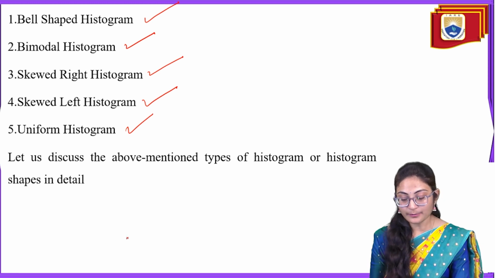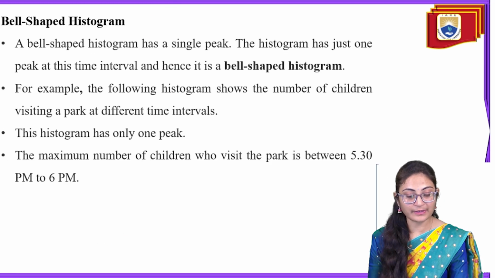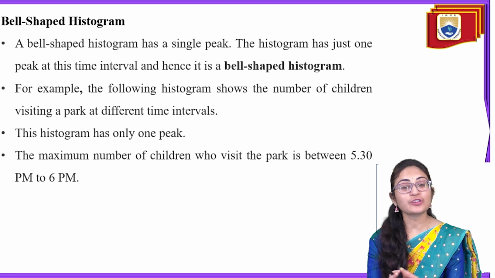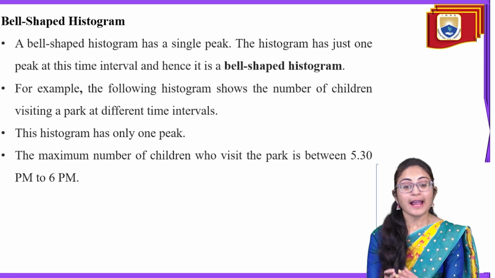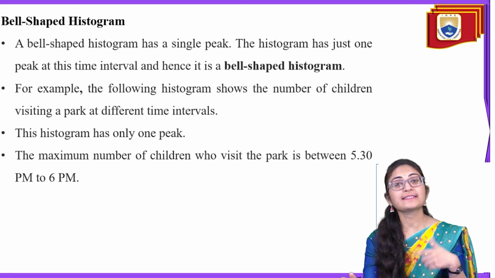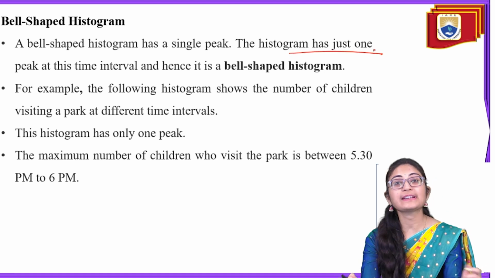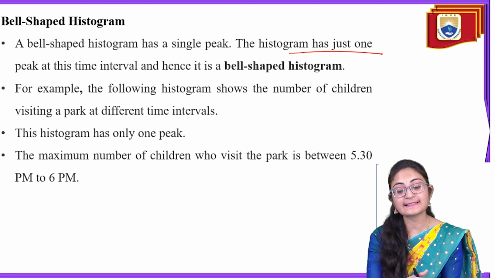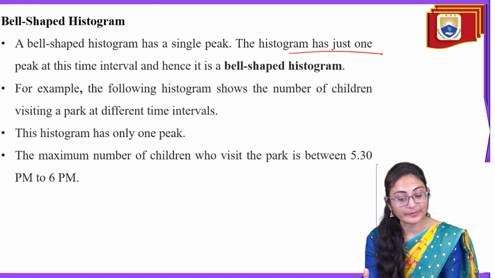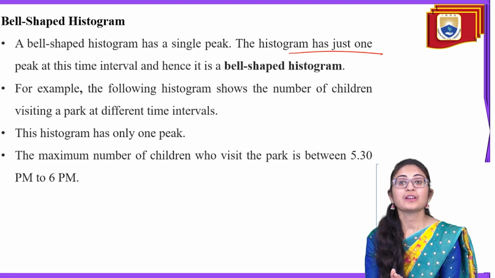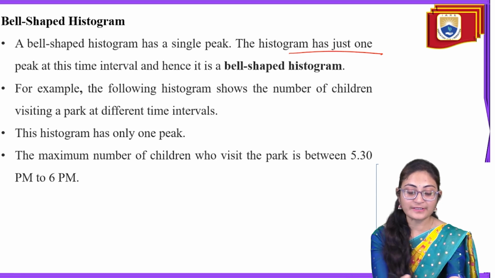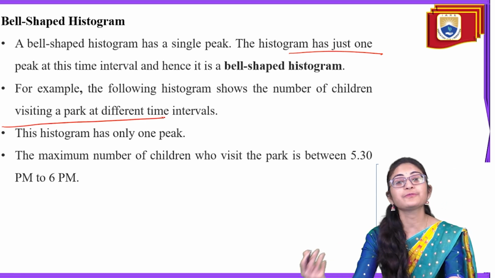Let us discuss the histograms one by one. First, the bell-shaped histogram. A bell-shaped histogram has a single peak, just one peak at this time interval, and hence it is called a bell-shaped histogram. For example, the following shows the number of children visiting a park at different time intervals.